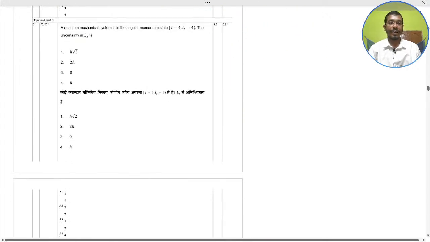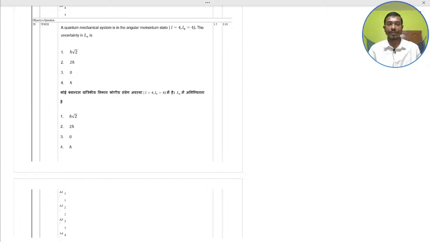Next, a quantum mechanical system is in the angular momentum state l=4, m=4. The uncertainty in Lx is what? This question is coming from the angular momentum quantum mechanics. So Lx in terms of ladder operators L positive and L negative is given by Lx is L positive plus L negative by 2.